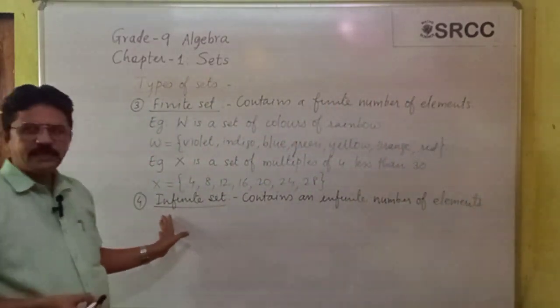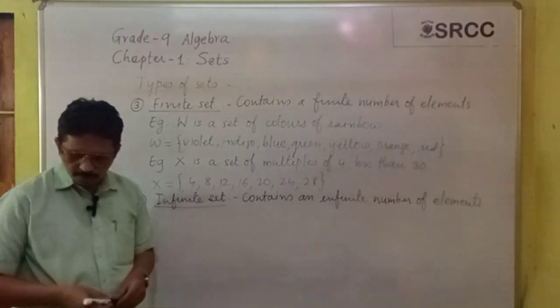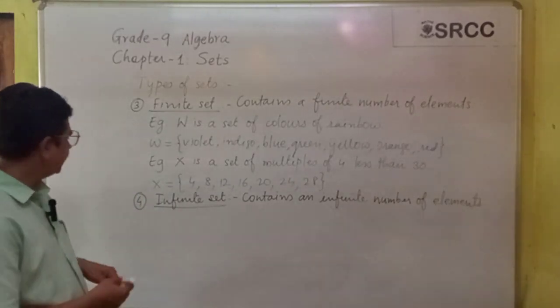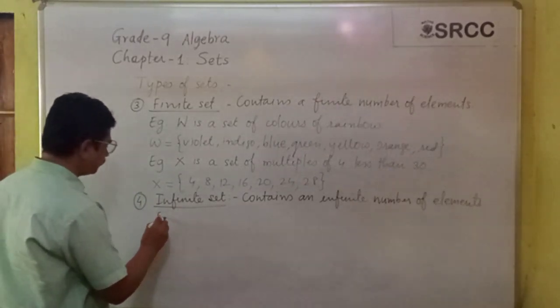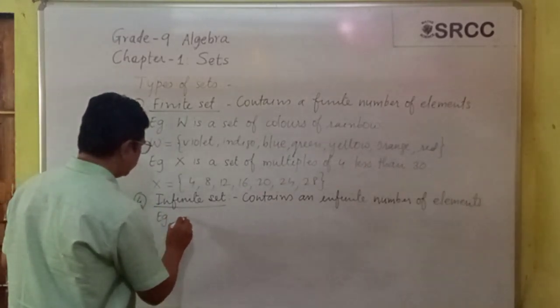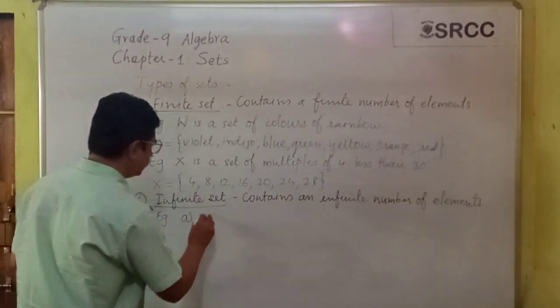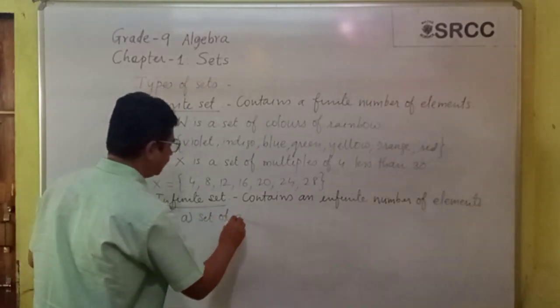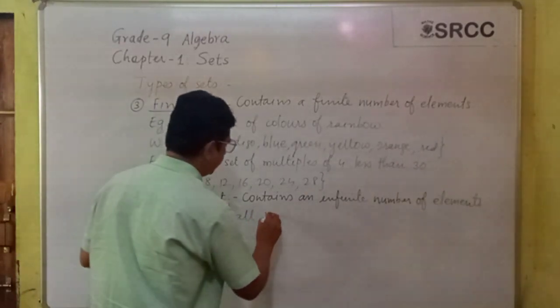Infinite set contains an infinite number of elements. Let us take an example. So our first example can be set of all natural numbers.